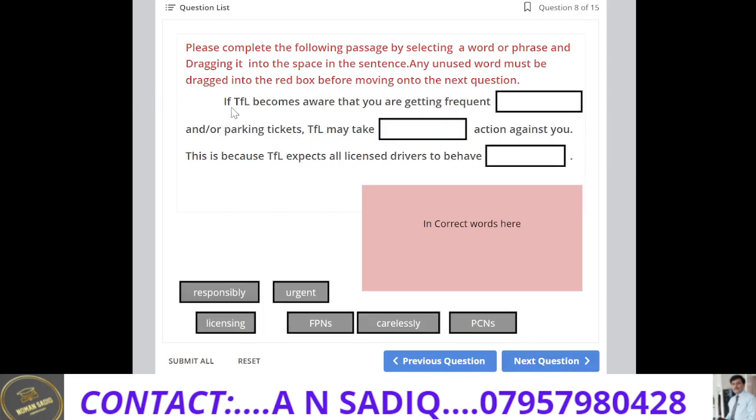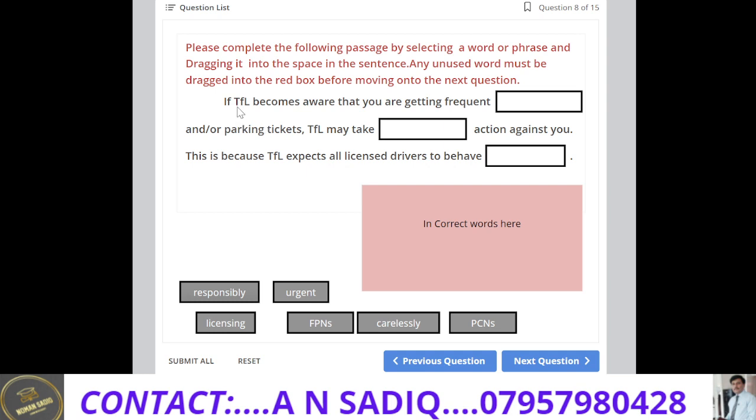It says, if TFL becomes aware that you are getting frequent gap and or parking tickets, TFL may take, again there is a gap, action against you. This is because TFL expects all licensed drivers to behave, again there is a gap.